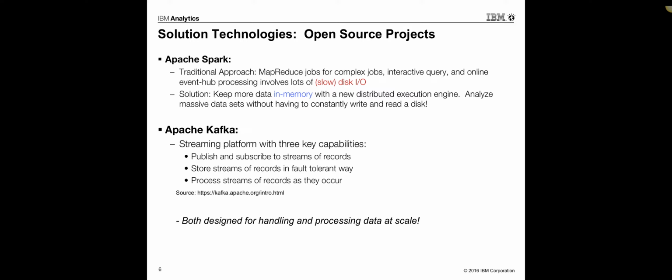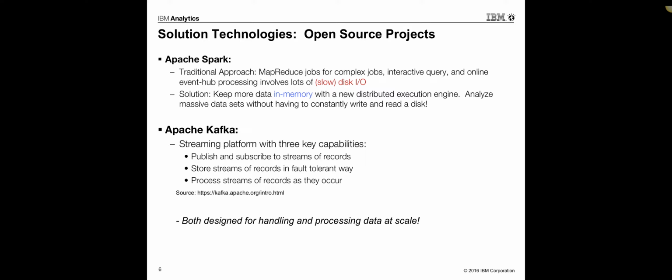MapReduce is a programming paradigm for big data, where you have to write a mapping function and a reducing function, and there's a lot of input and output, writing to disk, reading to disk, when you try to do traditional data manipulation and modeling. This is just very slow. There's this bottleneck when you have to read and write from disk. And Spark was invented to keep your data in memory.